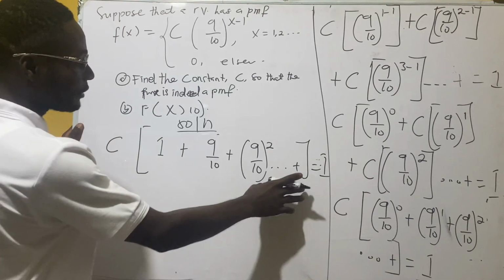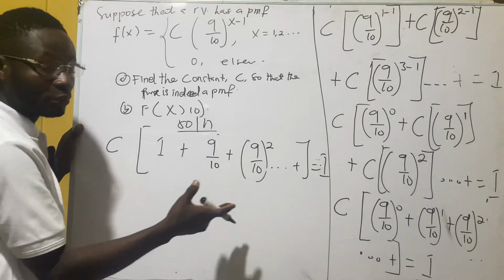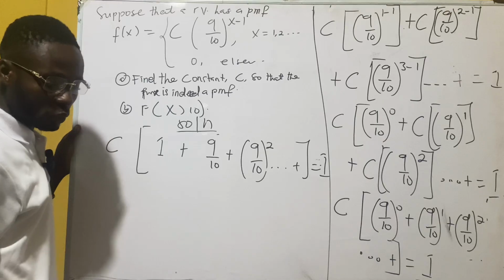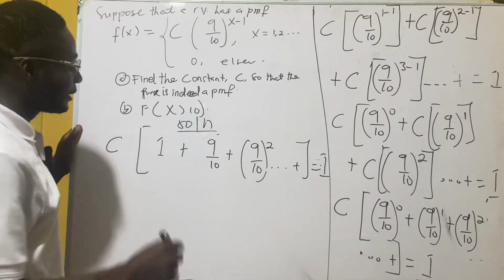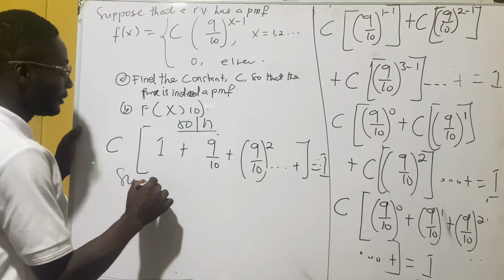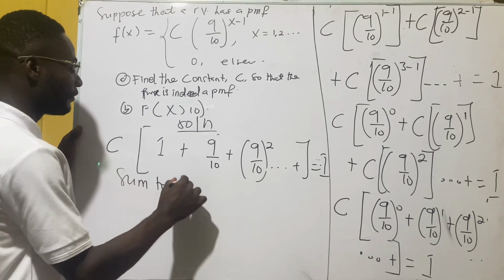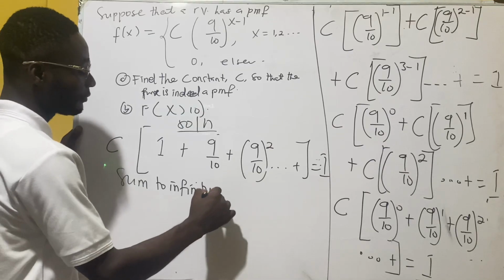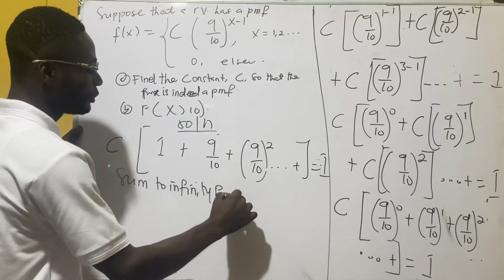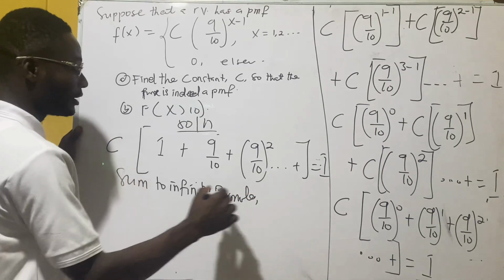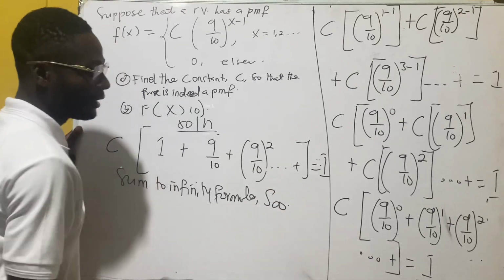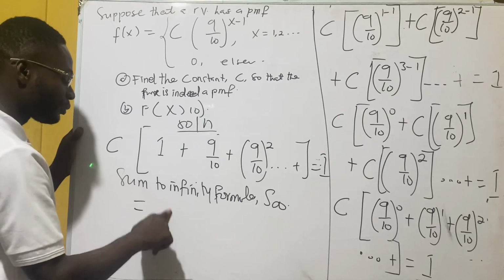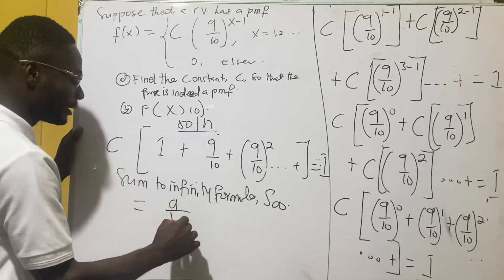Okay, so from here we can now use the sum to infinity formula. The sum to infinity formula, which is x subscript infinity, is equal to a over 1 minus r.